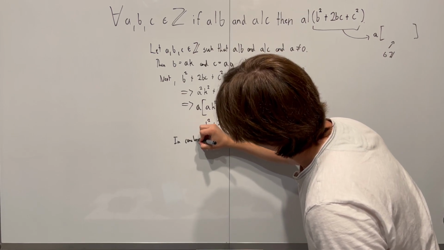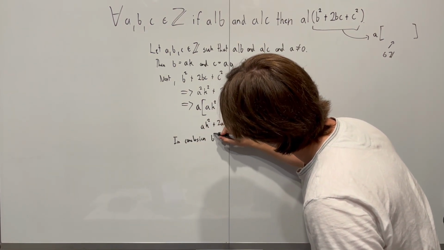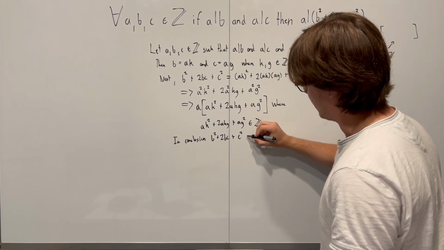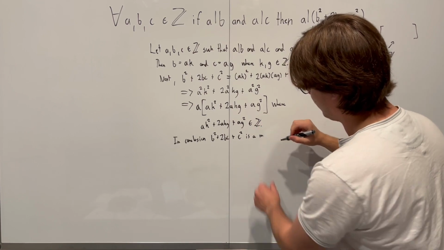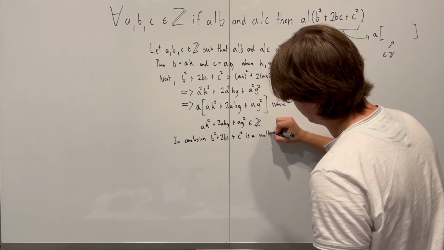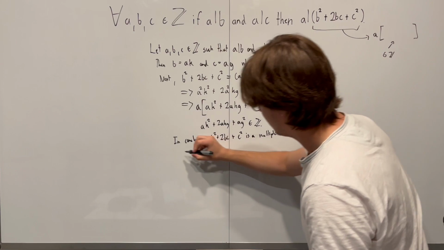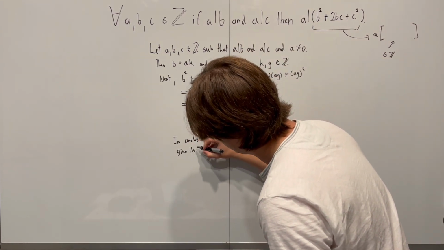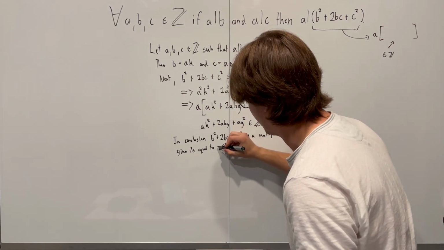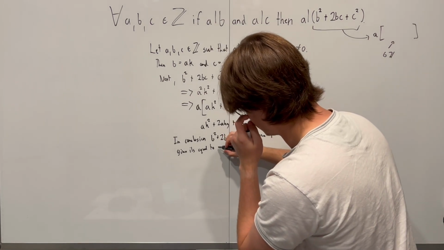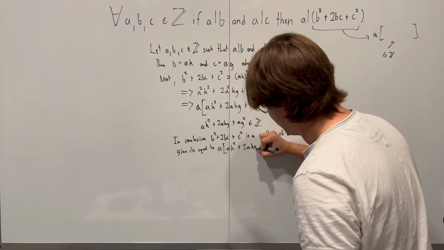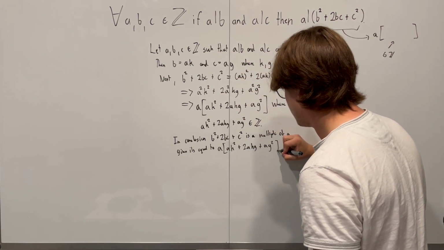In conclusion, b² plus 2bc plus c² is a multiple of a, given it's equal to, or my apologies, equal to a multiplied by ak² plus 2akg plus ag².